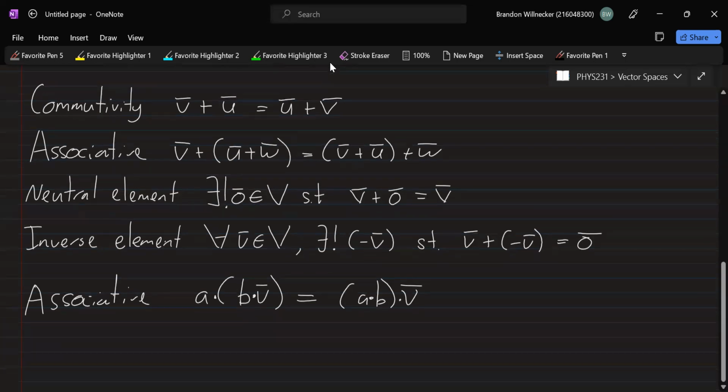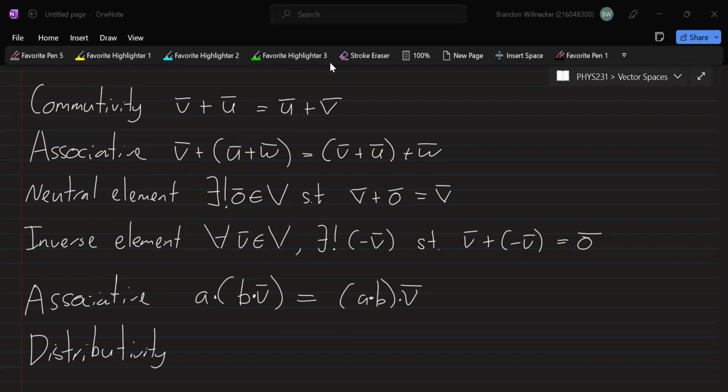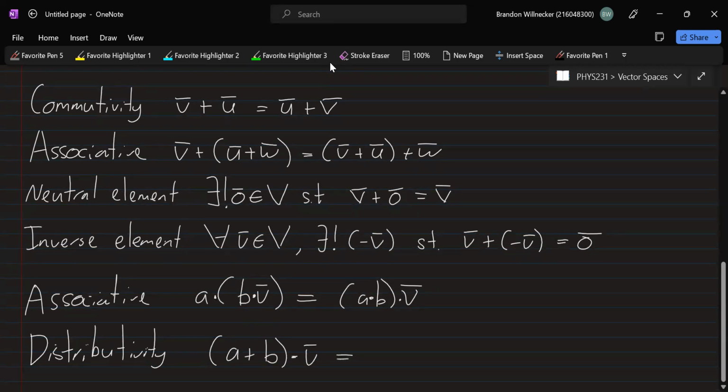Okay, next one is distributivity. There are two distributivities because there are two types of addition that we're dealing with. There's the addition between the vectors, the vector addition, and there's the addition between the complex numbers. And we want them to play nice with each other. So if we have A plus B times V, then we should have this distributivity between the two scalars and the vector.